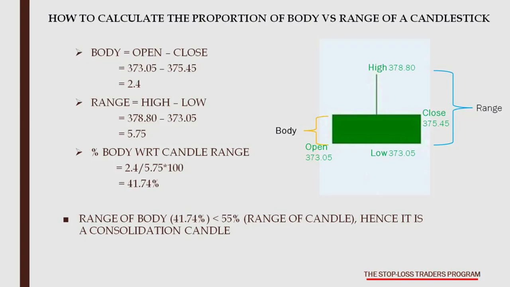You just open the intraday chart, or let's say you're looking at the monthly chart, and then you go on to the daily time frame. On the daily time frame, there will be a lot of movement like this.